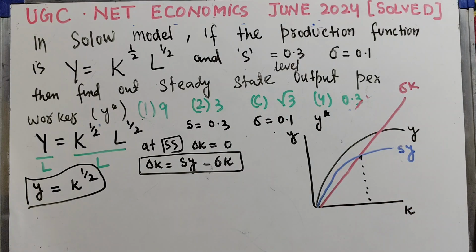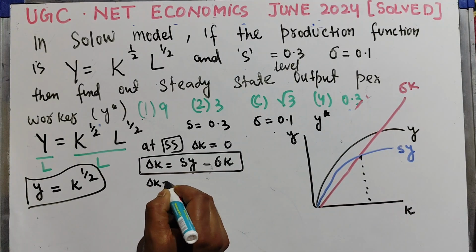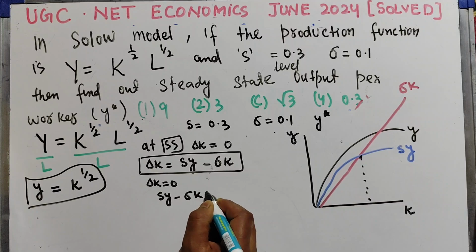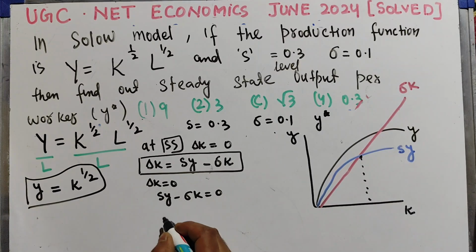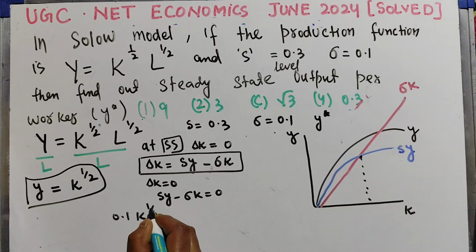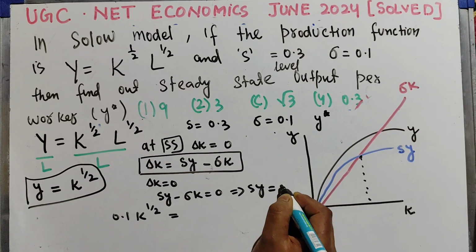All our investment is used to cover the depreciation. That means the change in capital stock is equal to 0, which implies s times y minus delta k will be equal to 0. So what is s? The savings rate is given as 0.3. What is y? y is equal to k raised to the power 1/2. Rewriting, sy is equal to delta k.